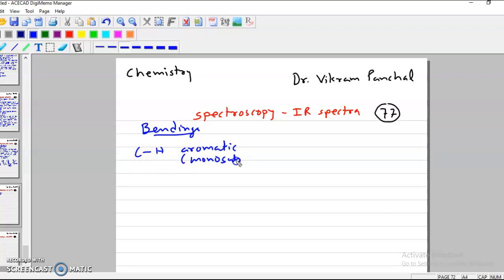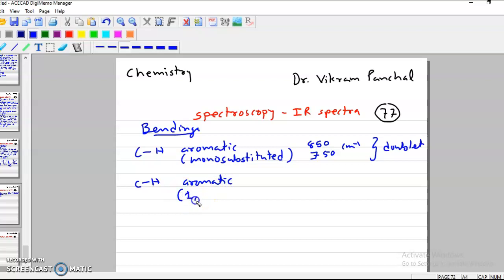If it is mono substituted benzene, then you will find two bands, one at 850, another at 750 centimeter inverse, and this can be a doublet. Next, CH aromatic bending due to 1,2 di substituted will be at 755 centimeter inverse.